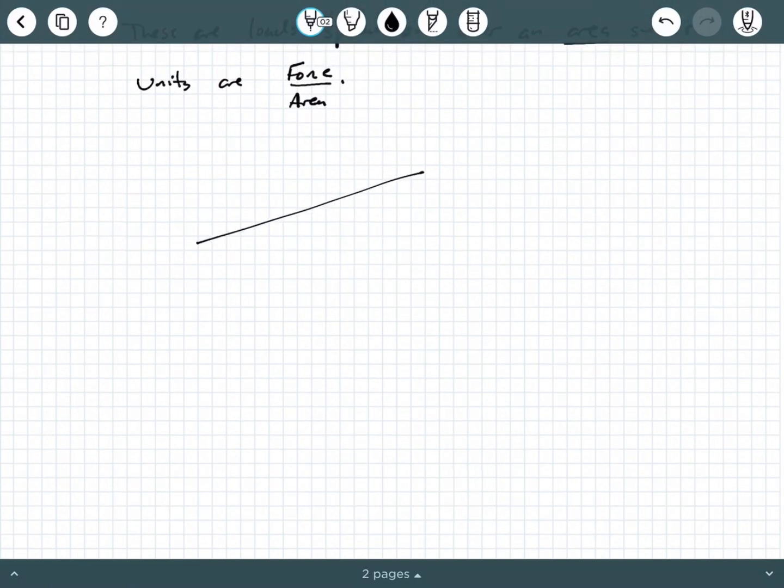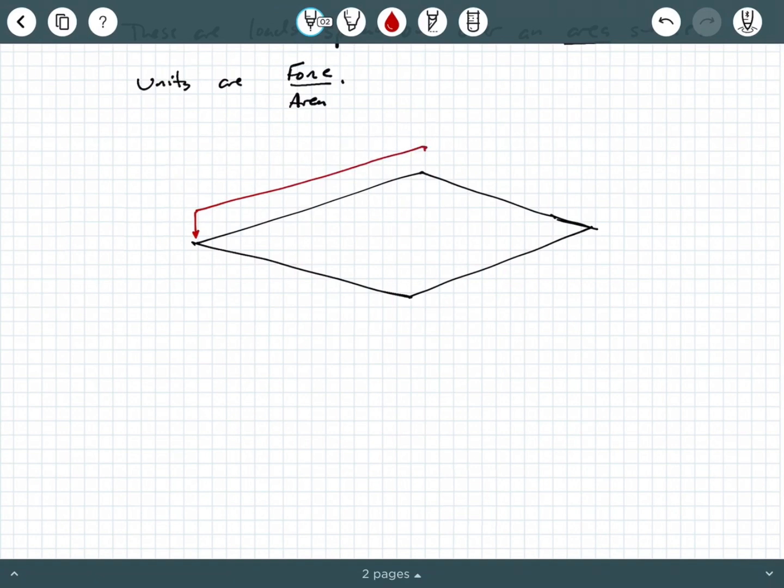I'm going to draw a 3D surface here. Okay. So let's say that we have this 3D surface. Let's say it's like a plate, for example. And then let's say that we have this load that is spread out over this surface like so.